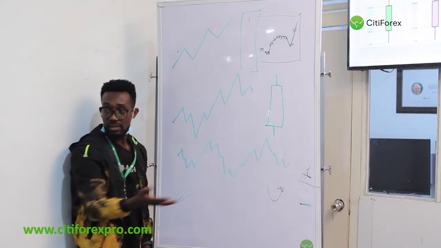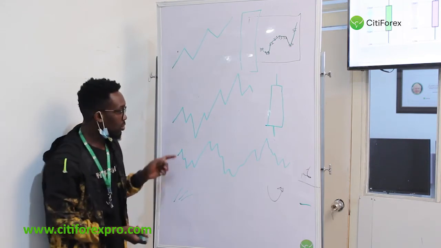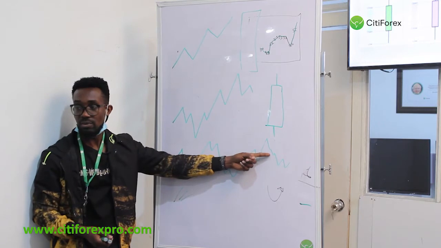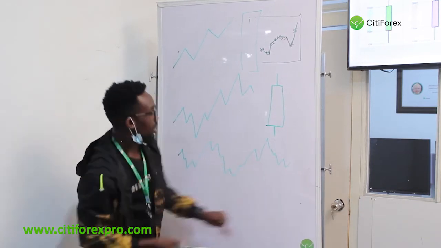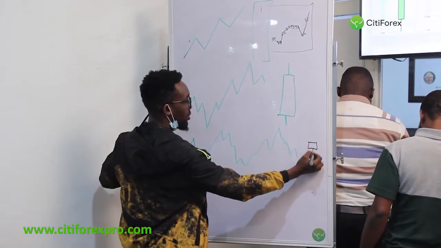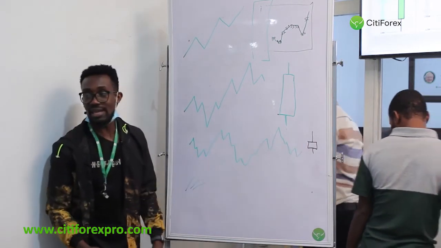Yes, for example. Or a 5 minutes chart. Something like this, the same way we had this. Of course, it's possible. It's very possible. Now, because it came up to this point, and then you have something like this. What's this? It's an indecision bar.